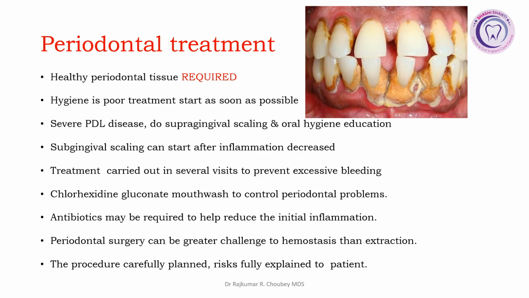Subgingival scaling is only done when the inflammation is reduced. Treatment is carried out over several visits. Don't start and finish treatment in a single visit. Chlorhexidine gluconate mouthwash, hemostatic agent and antifibrinolytic agent should be given. Antibiotic is prescribed to control the initial inflammation and infection.